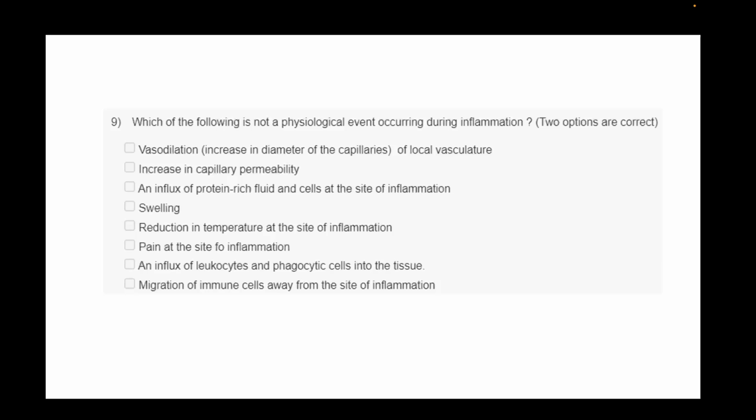An influx of protein-rich fluid and cells at the site of inflammation. 4. Swelling. 5. Reduction in temperature at the site of inflammation. 6. Pain at the site of inflammation. 7. An influx of leukocytes and phagocytic cells into the tissue. The last option, the migration of immune cells away from the site of inflammation.